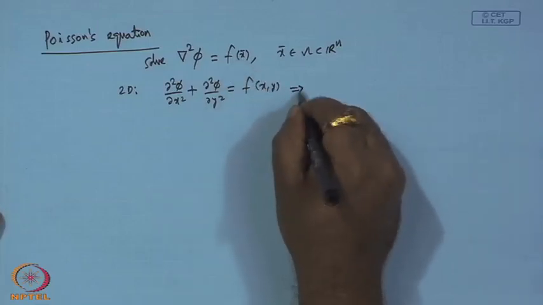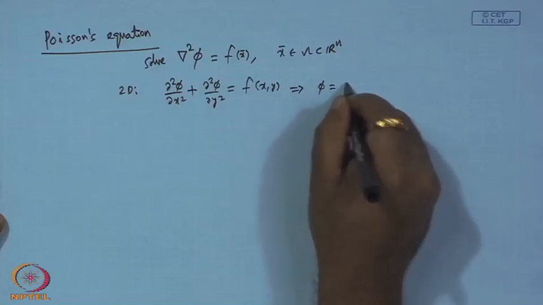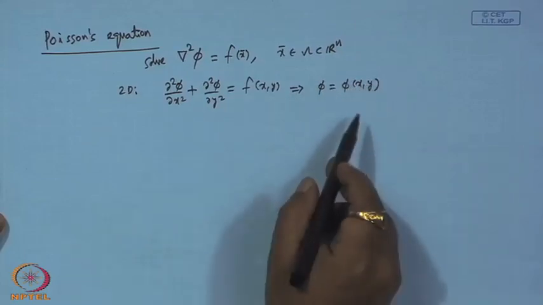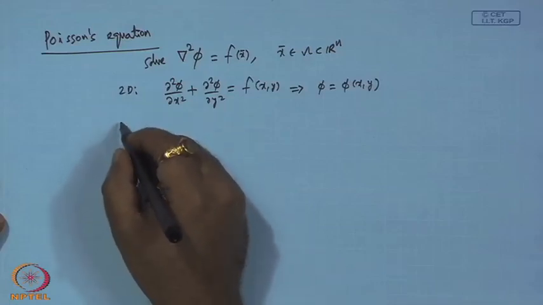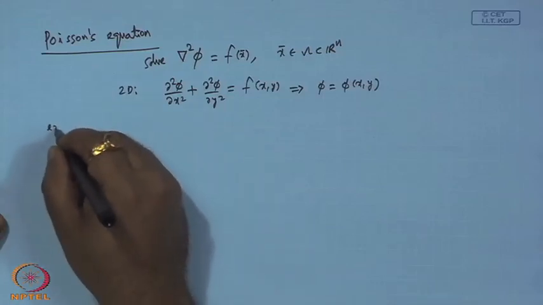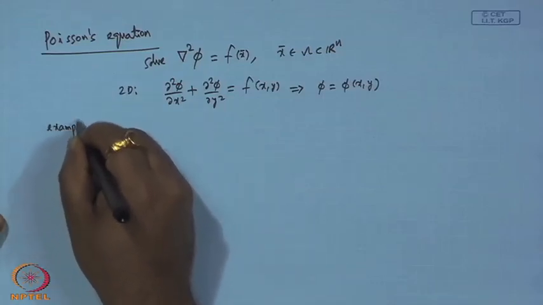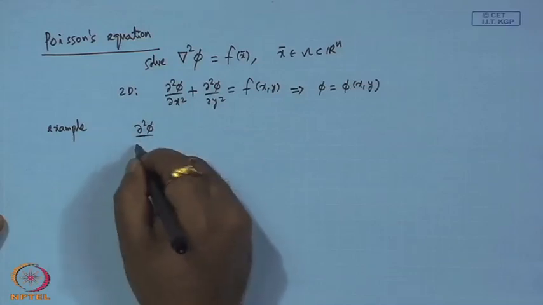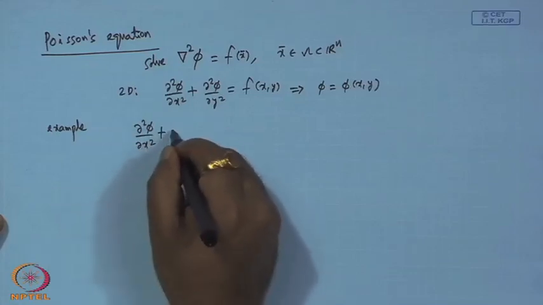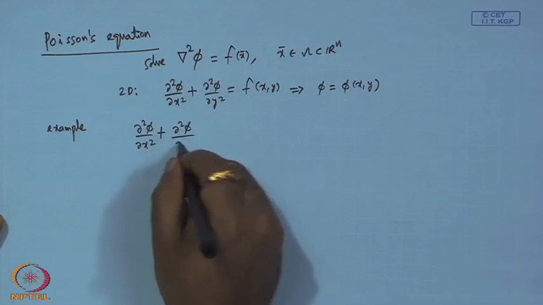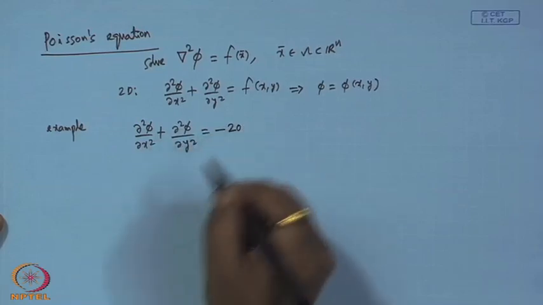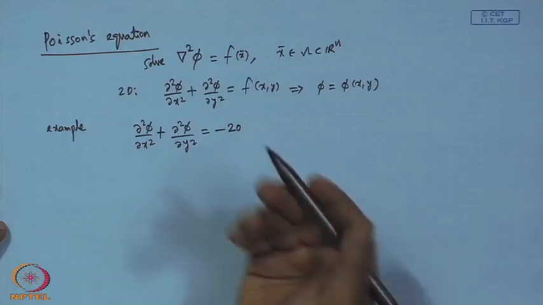So, this means we are expecting what is this, right. So, example, say minus 20 for example.